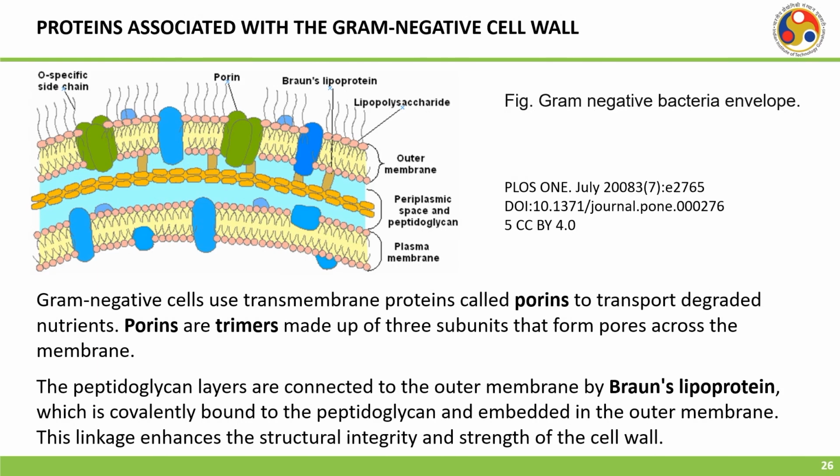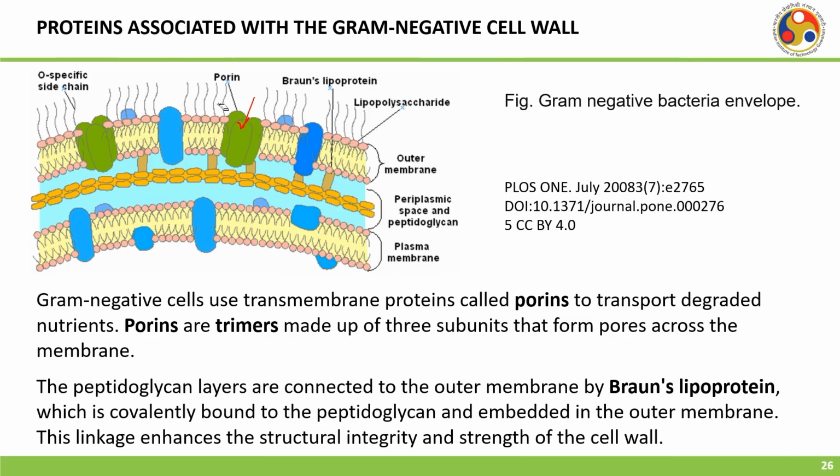Gram-negative cells use transmembrane proteins called porins to transport degraded nutrients. Porins are trimers, you can see here 1, 2, 3, made up of 3 subunits that form pores across the membrane. So, there will actually be a pore in the center of these trimers.